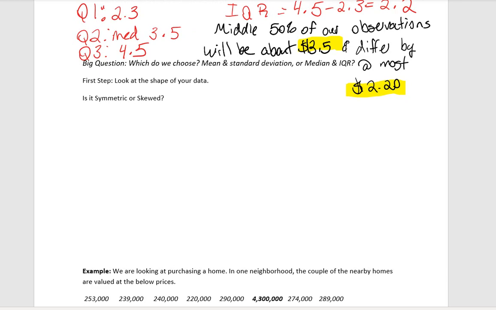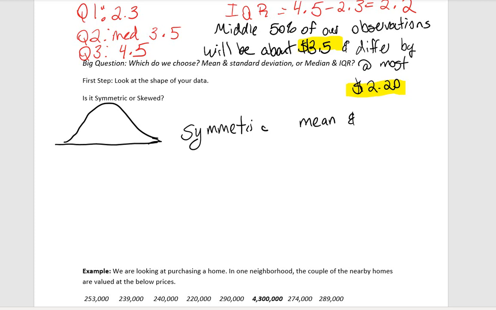Now what that leads us to is, how do you decide which way you're going to describe your data? Are you going to use the mean and standard deviation, or are you going to use the median and IQR? The first thing you're going to do is look at the shape of your data. If your data is relatively symmetric, then you're going to use the mean and the standard deviation.